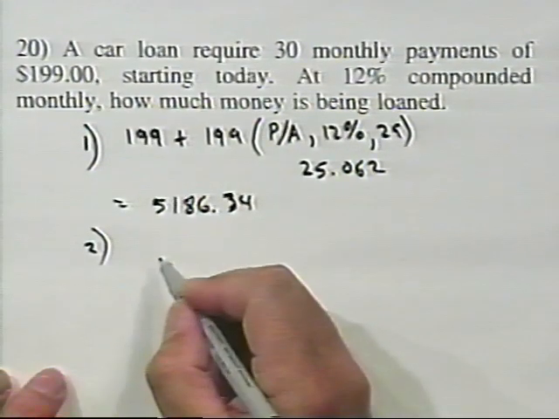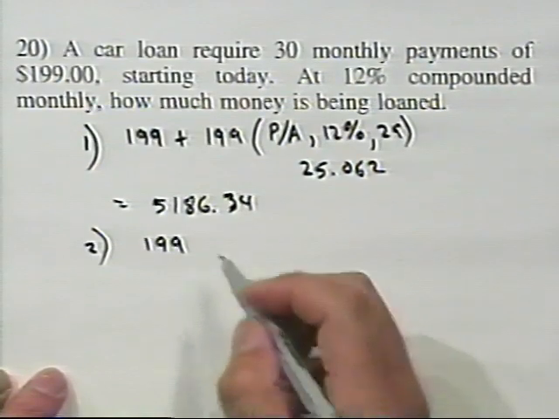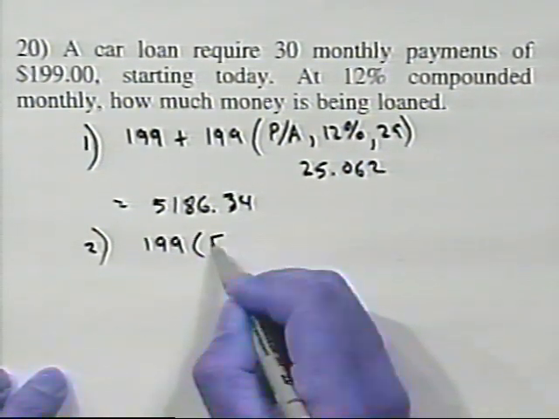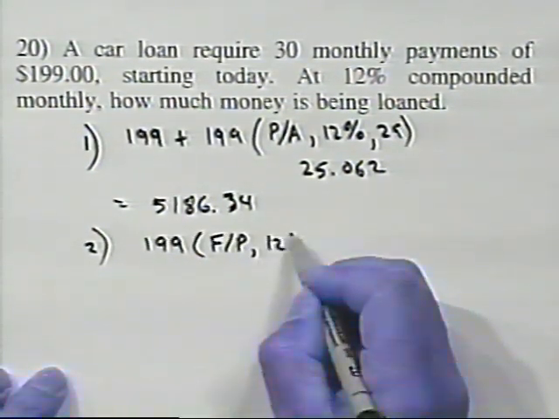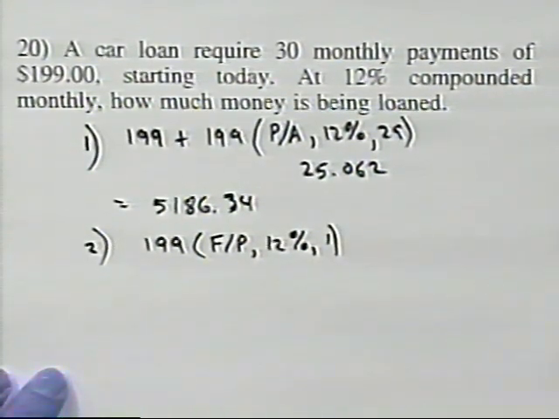So what we do is we take the $199 payment and we take it to the future at 12%, 1 year. Now every one of those payments, that calculation is the same. So we just need to do it once.